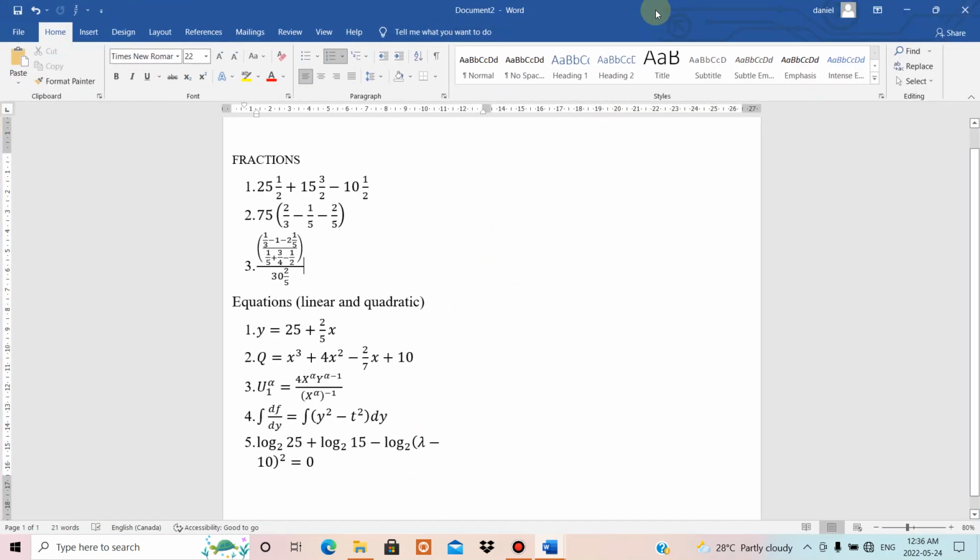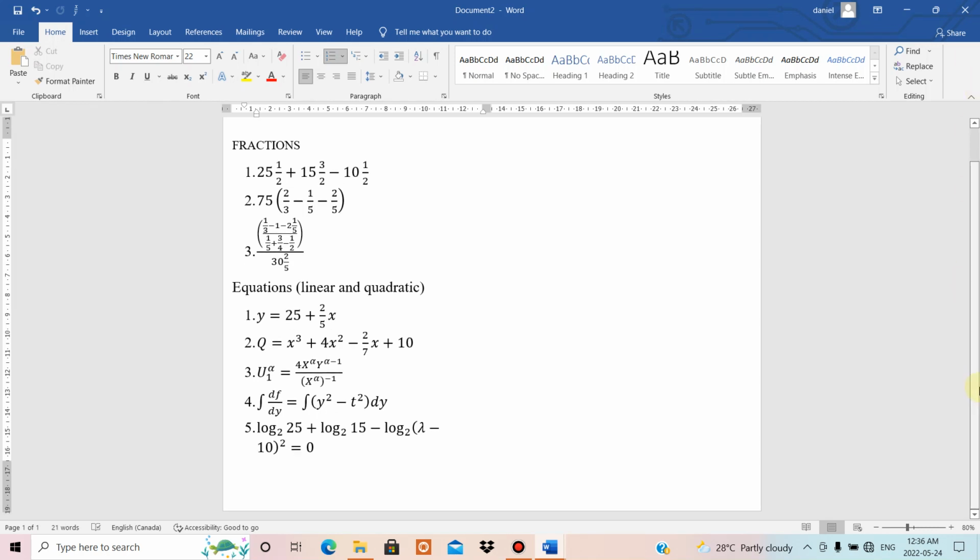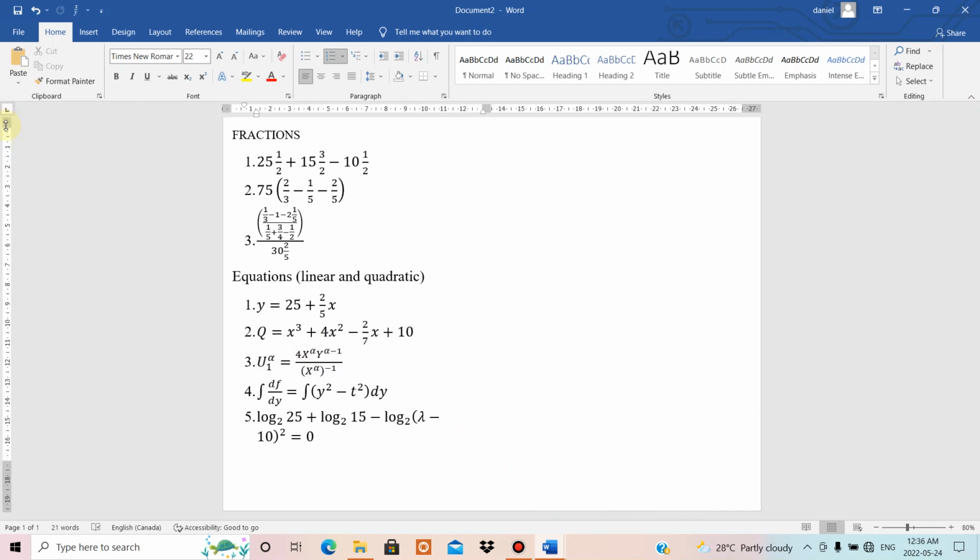So we've been able to write fractions and equations. Our next thing is to look at the trigonometric expressions. Let me increase.